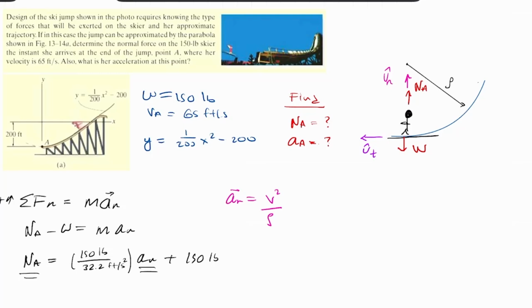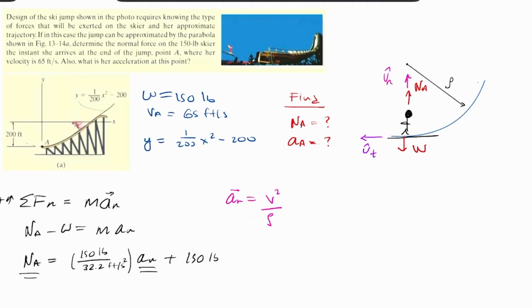We do know her velocity at A, it's given, but we do not have the radius of curvature. But we're given the trajectory.